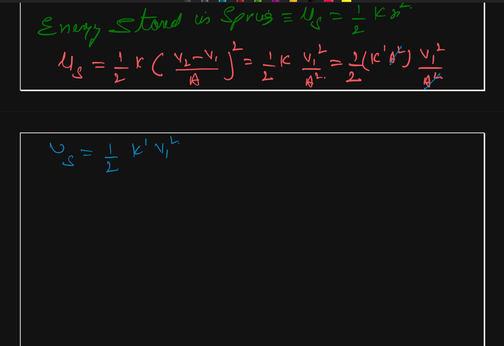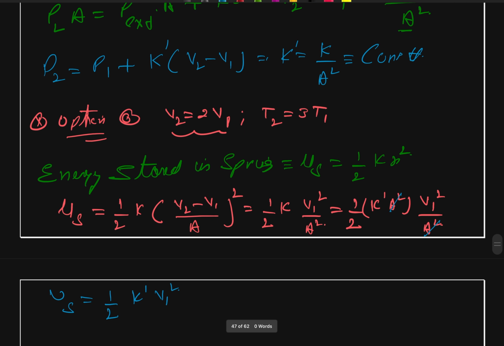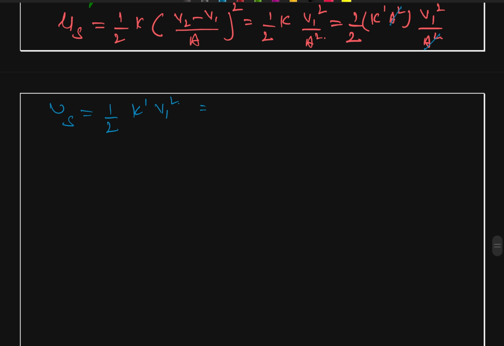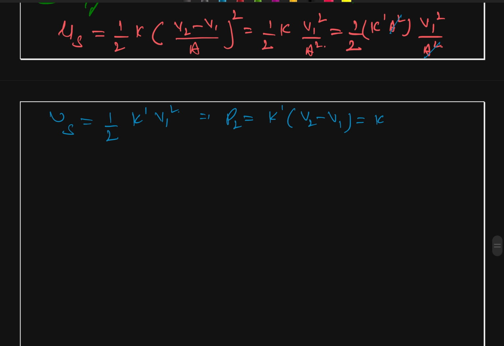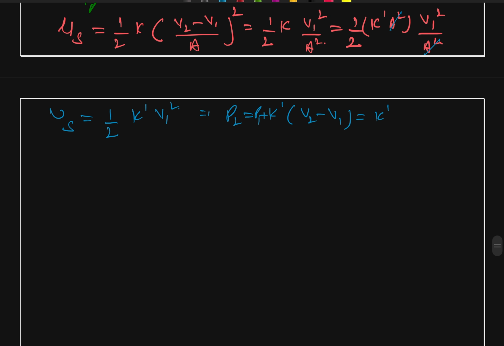And we know that our K prime we can just calculate. We can write that P2 is equal to P1 plus K prime times V2 minus V1. So V2 is given as twice of V1, so this comes as P1 plus K prime V1.